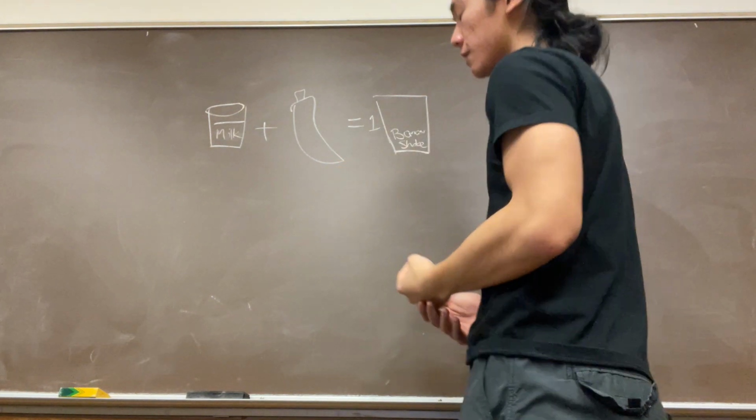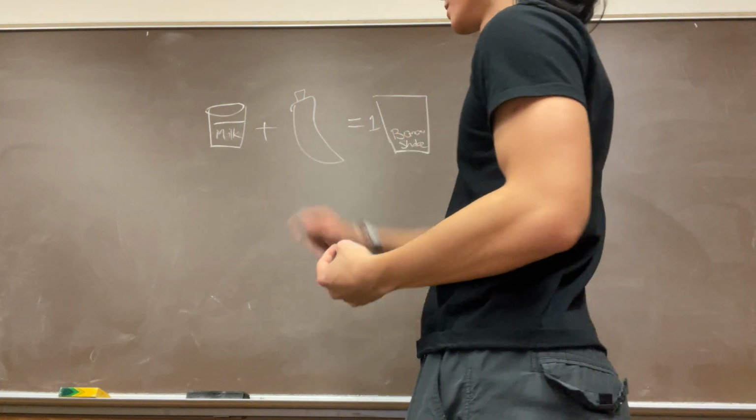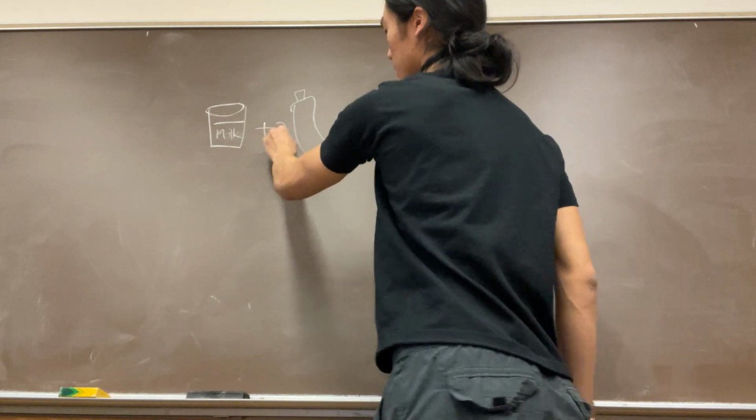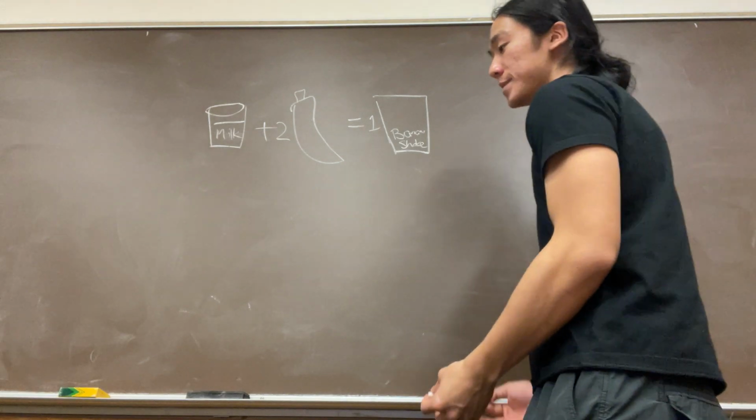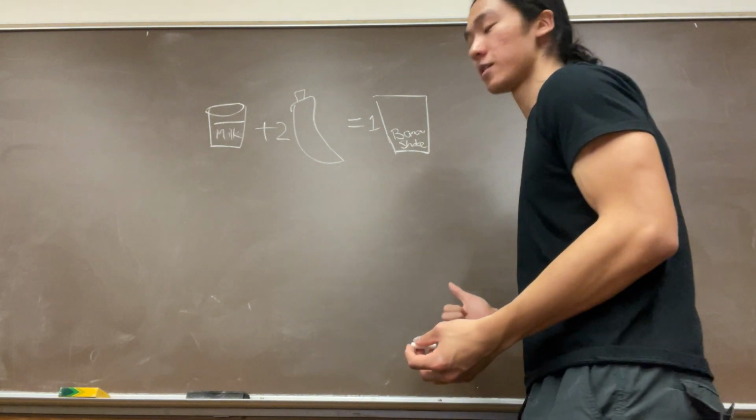So we're just thinking of the moles as how many of these there are. We could also say maybe 1 milk and two bananas creates 1 banana shake, right? So that would mean that 2 bananas are needed for 1 shake.